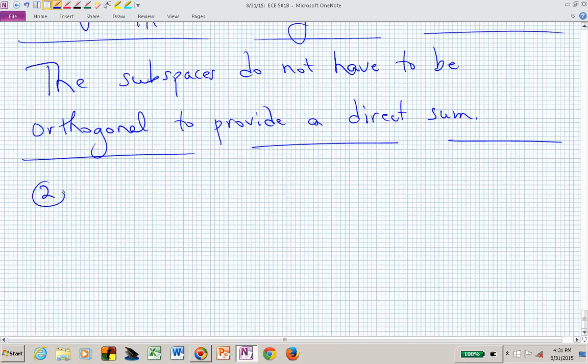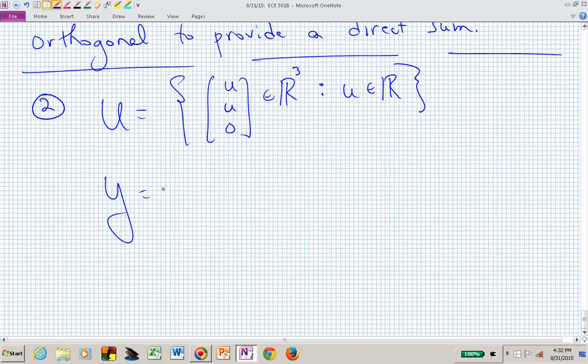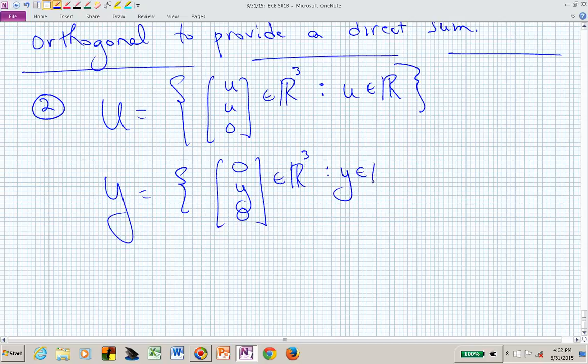Let's look at an example of that. Suppose that U is now (U first coordinate, U second coordinate, 0), a 3-vector where U is real. Suppose Y is (0, y, 0), a 3-vector.